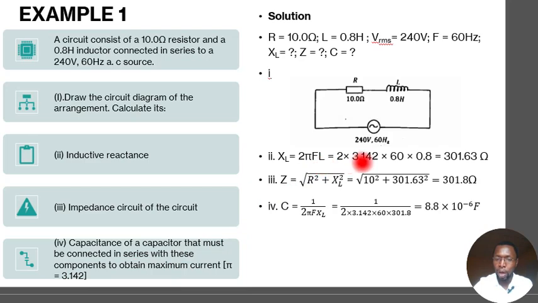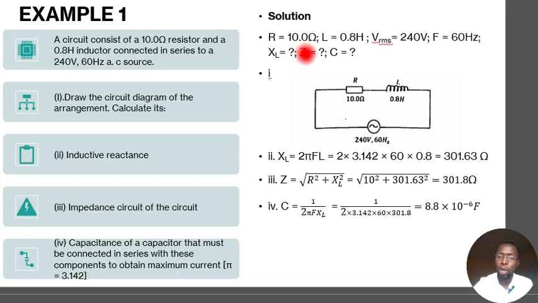So we substitute: 2 times 3.142 times f, our frequency, which is 60 hertz, times L, our inductance, which is 0.8. When we simplify all of this with our calculator, we have our inductive reactance to be 301.63 ohms.